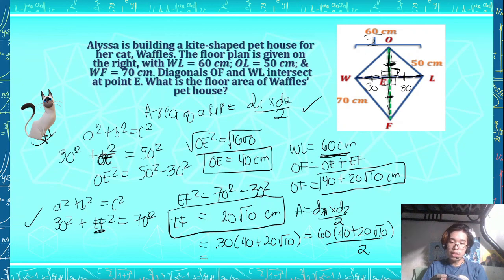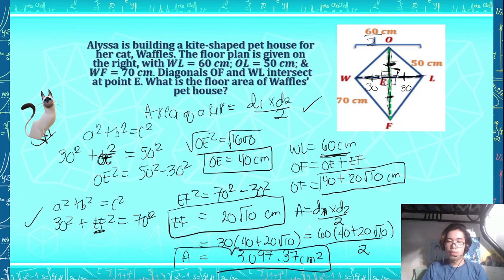This should give us 3,097.37 square centimeters. So the area of Waffles the cat's kite-shaped pet house is 3,097.37 square centimeters, using our calculator, the Pythagorean theorem, and the formula for finding the area of a kite. And that's how we solve this problem.